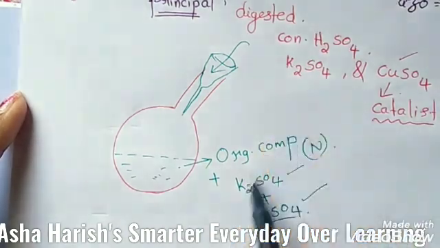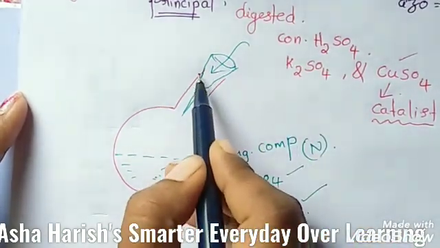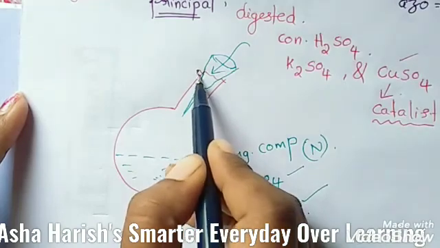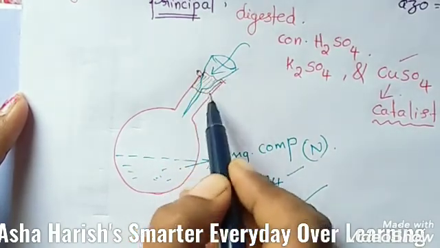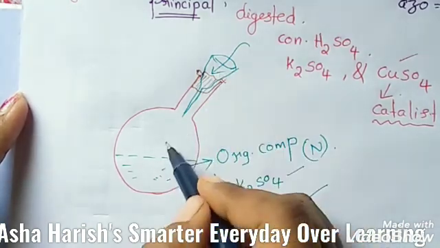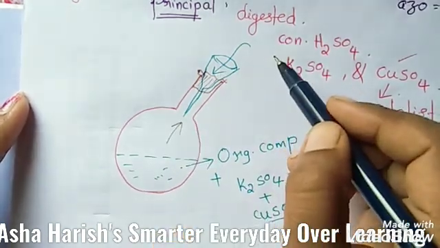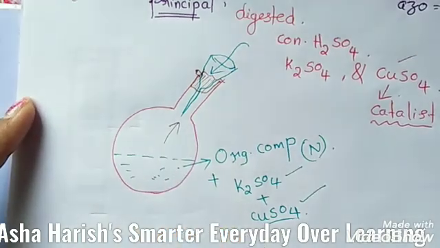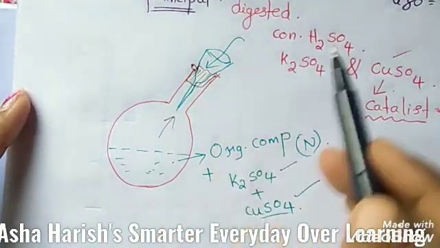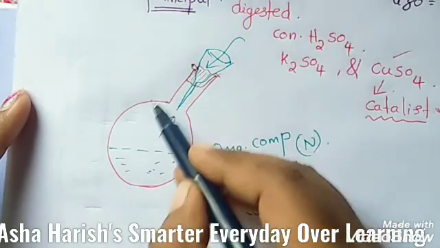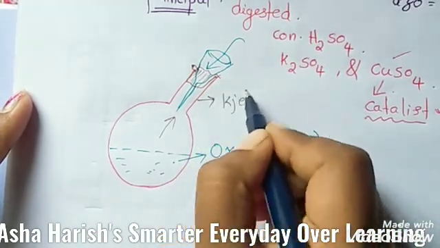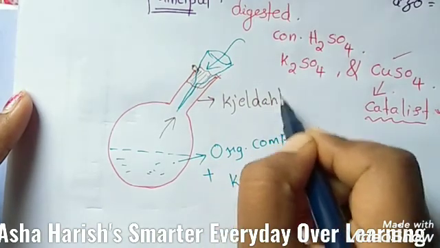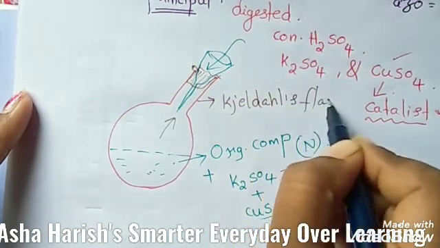After adding these solutions, you have to add a rubber cork; its use is to avoid the bumping of the solutions to the outside. Then if any fumes are formed here, you need to avoid their escaping through the Kjeldahl flask.